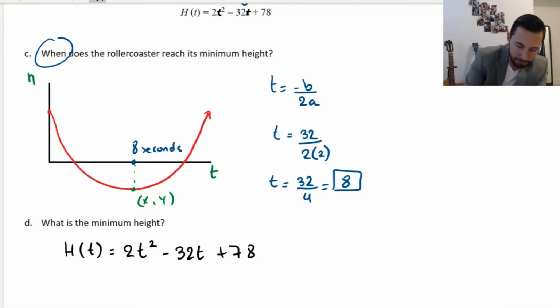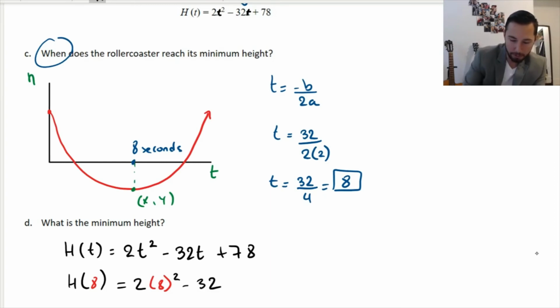Now this is dipping underground, so my answer should be negative. My time is 8 seconds, so h of 8 is equal to 2 times 8 squared minus 32 times 8 plus 78.